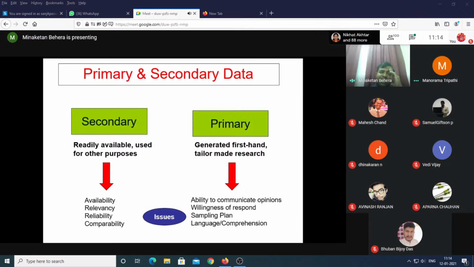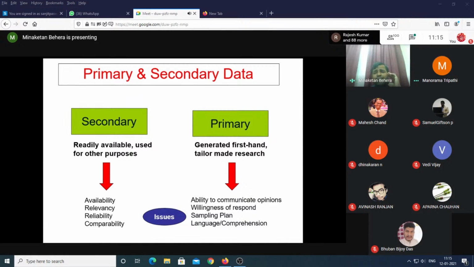Yesterday someone was asking what secondary data is. So first of all, you have to define what you mean by secondary data and what you mean by primary data. I always tell my researchers that you have to do at least some field component to understand the ground reality.